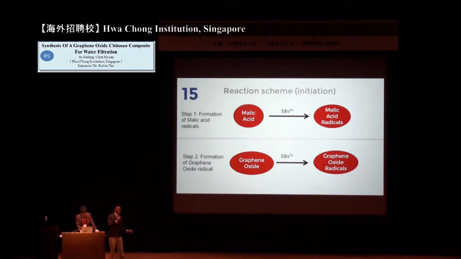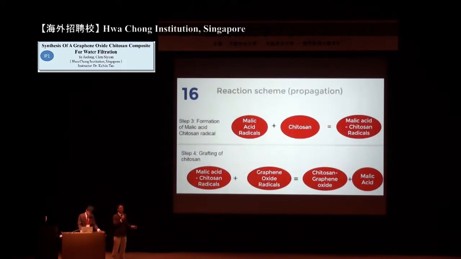This is done through the addition of the compound manganese 3 ion, which acts as an oxidizing agent, and it oxidizes the malic acid to give malic acid free radicals. The same thing occurs for graphene oxide. Manganese 3 similarly acts as the oxidizing agent, and it oxidizes the graphene oxide to give free radicals.